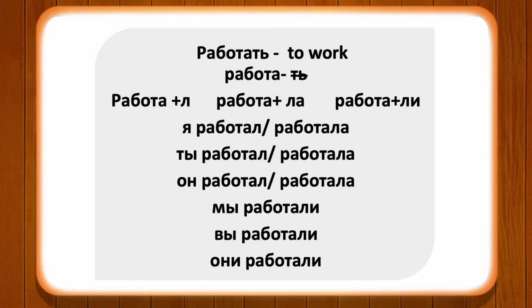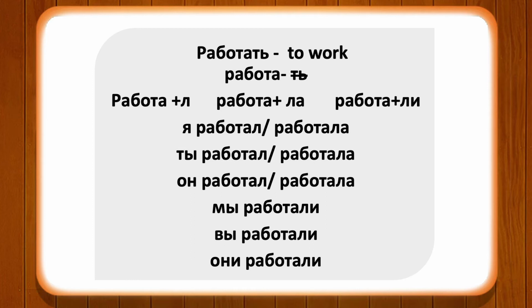Let us now try to make the past tense form. Rabotal. For feminine nouns it will be rabotala. For neuter nouns it will be rabotalo, and for plural it will be rabotali. Let us use it with the pronouns. Ya rabotal, ya rabotala.